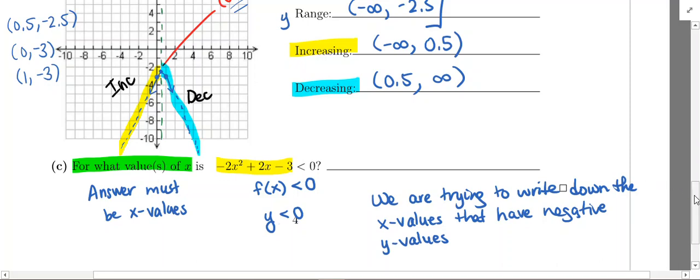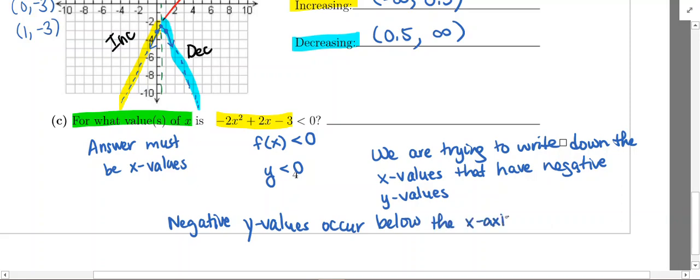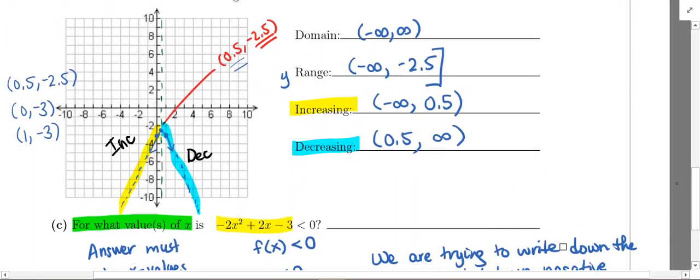We know just from working with graphs that negative y values occur below the x-axis. So you need to go up to your picture and ask yourself, where is the parabola below the x-axis? And the answer is everywhere.